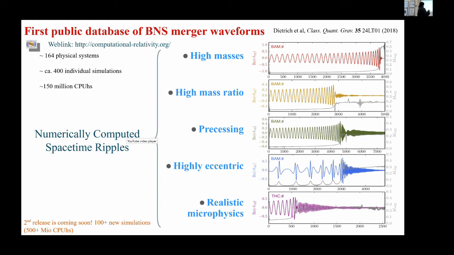In the database, there are also simulations of dynamical capture binaries, where the binaries have very high eccentricities to start with. Here we see that the waveform is uniquely distinguishable compared to the quasi-circular cases that we mostly simulate in NR.